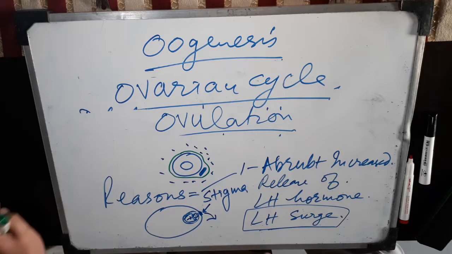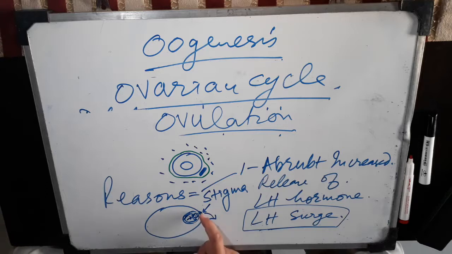Due to the mechanical pressure of the liquor antrum, it is pushed out. This is known as ovulation.